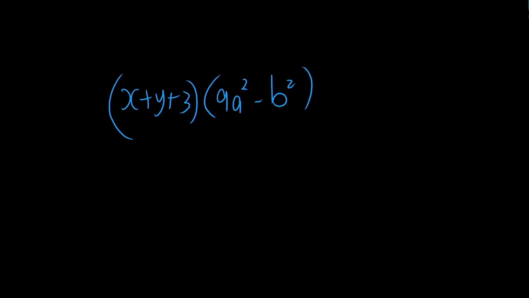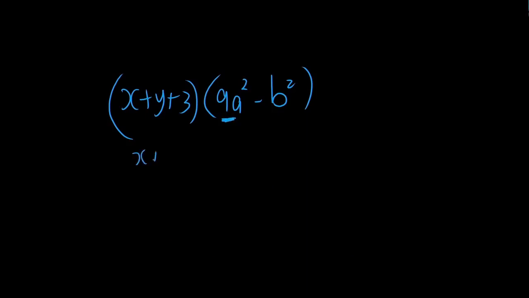So we're going to take x plus y plus 3 out as our common bracket. And we said we'll be left with 9a squared minus b squared. Okay? Now you look at these 2 terms and we see we've got a perfect square minus a perfect square.